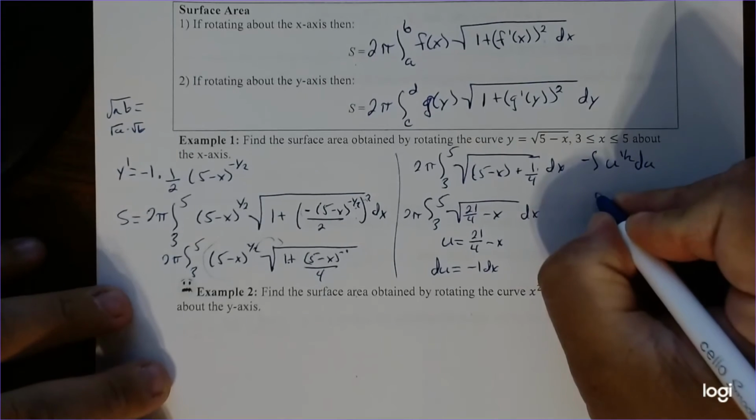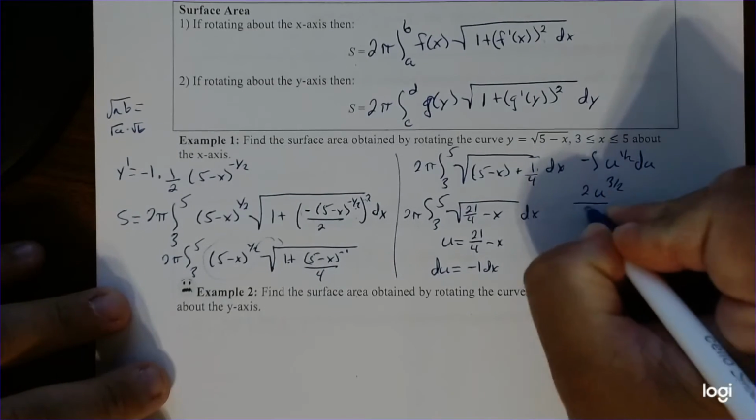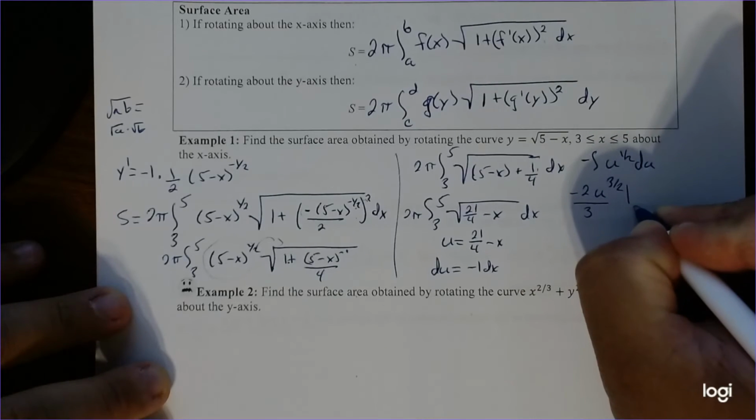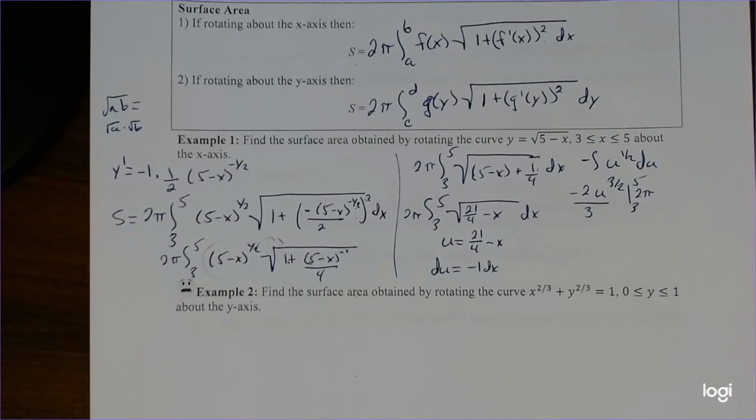The integral gives you u to the 3/2. Evaluate this at 2 pi from 3 to 5. Then we plug back in what we started with.